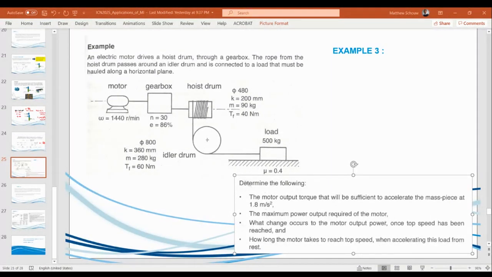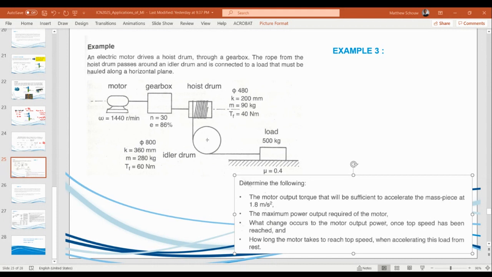Okay, so guys, this is a very good question. So we have a motor, gearbox, a hoist drum, an idler drum, and a load, right? So we have to do exactly what we did in the previous one. And in this case, what's happening here is that this load is being hauled across this plane here.